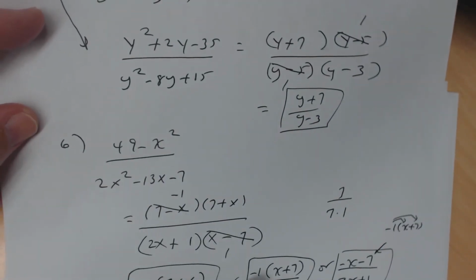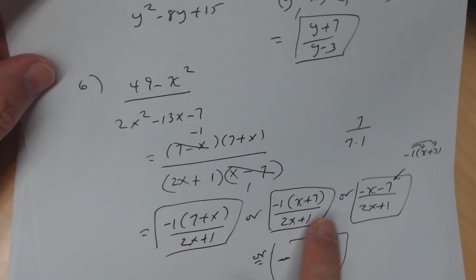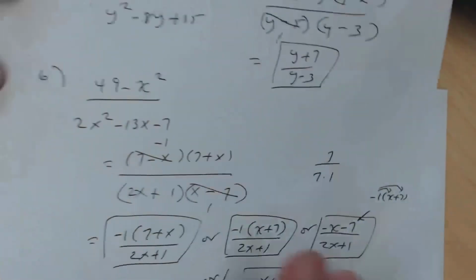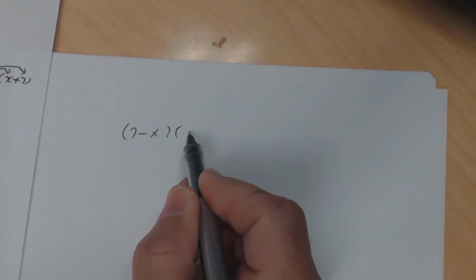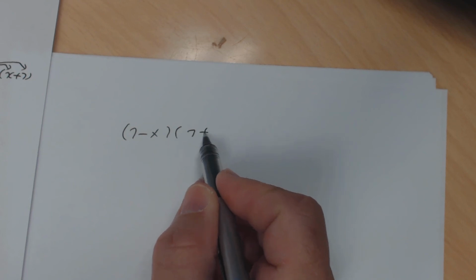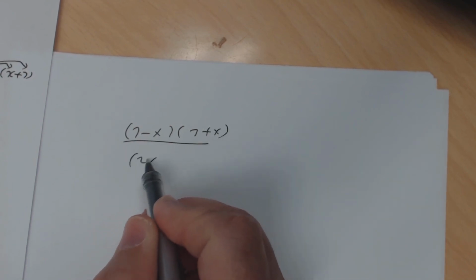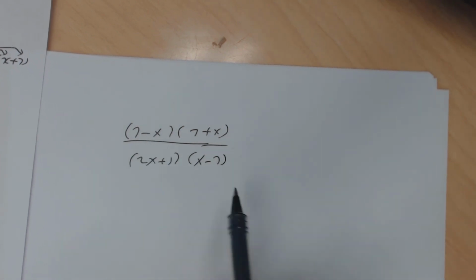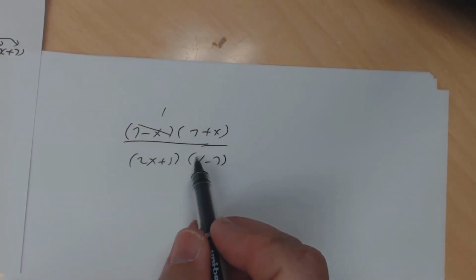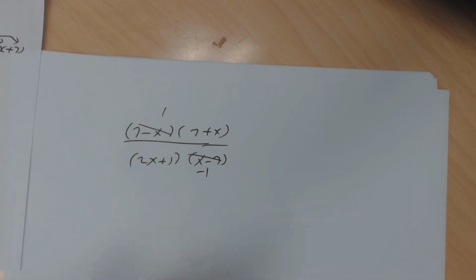It is important that you see that all these mean the same thing. So, going back, I'm just going to go ahead and rewrite all this over. If I rewrite all this, I get 7 plus x divided by 2x plus 1 times x minus 7. All right. So knowing that these are opposites, I could say 1 instead here, a factor of 1, and this would be a factor of negative 1.